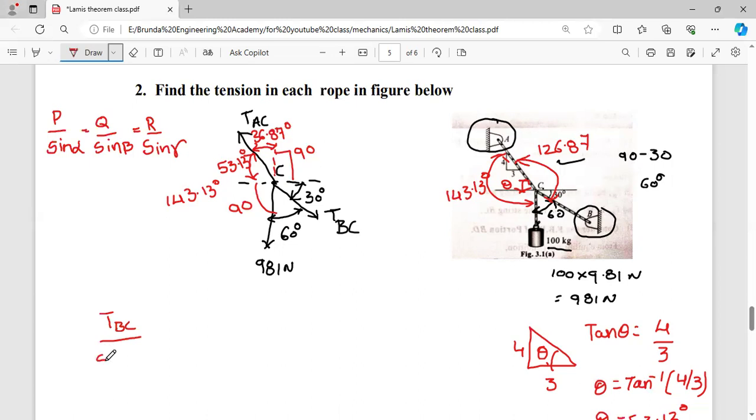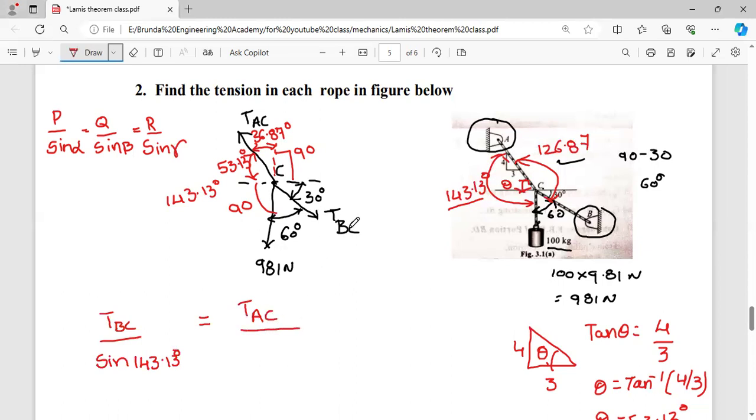What are the other two forces? TAC and 981. The angle between those two forces is 143.13 degrees.